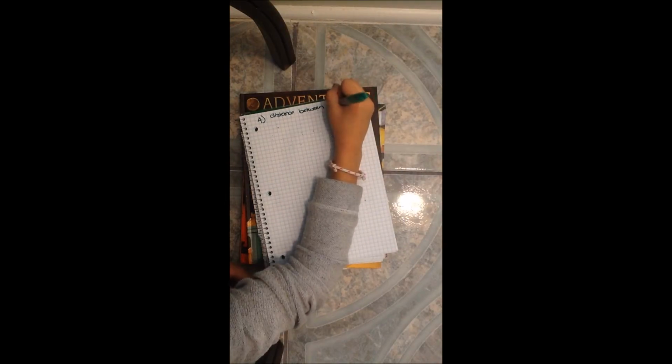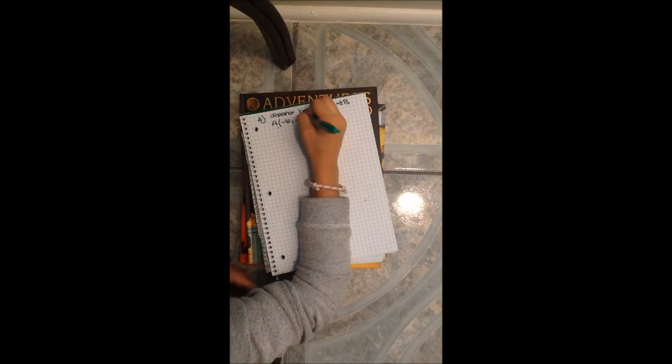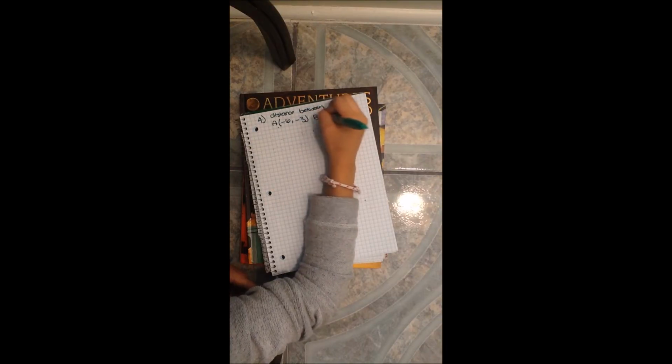Now number 4. I have to find the distance between 2 points, A and B. Point A is negative 6 comma negative 3, and B is 2 comma 1.